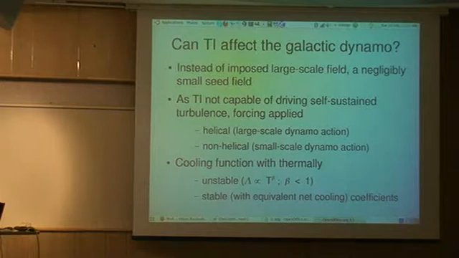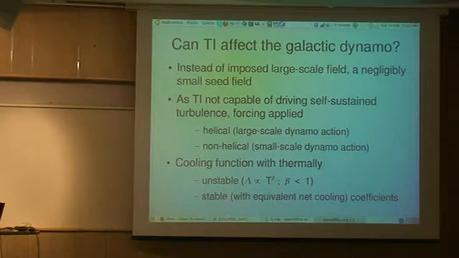Here is a galactic dynamo, what will happen? Instead of an imposed large-scale field, we put in a weak seed field and some forcing, because we knew that the thermal instability would not be able to keep up the turbulence. So the idea was to investigate both the effect on the small-scale dynamo and the large-scale dynamo.